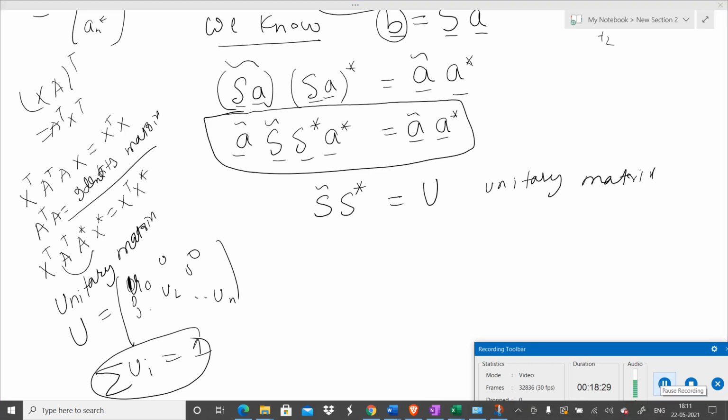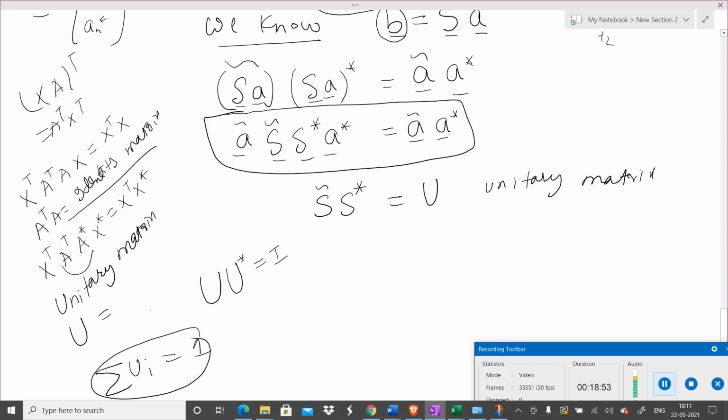Let me correct here. This is not right, it doesn't have the non-diagonal zero thing. Rather, a unitary matrix has one important property, that if you take U and multiply it with its conjugate transpose, that will be an identity matrix. That is what unitary matrix means.